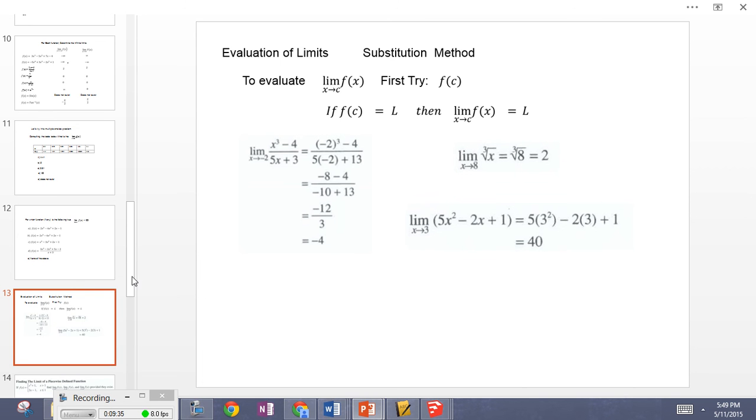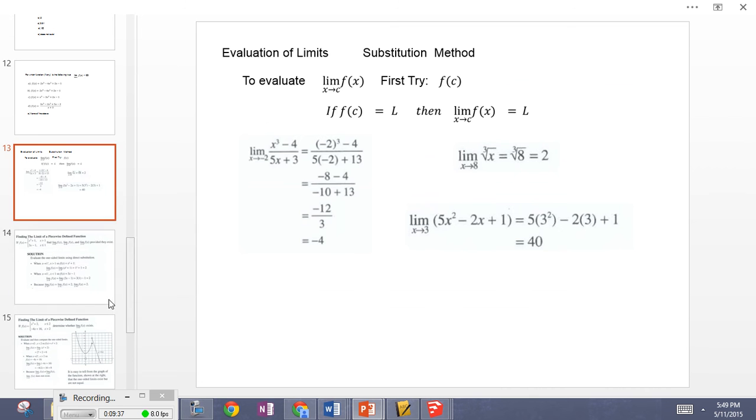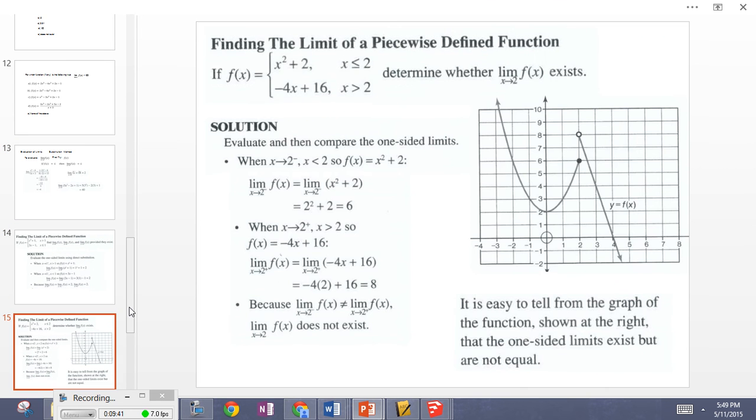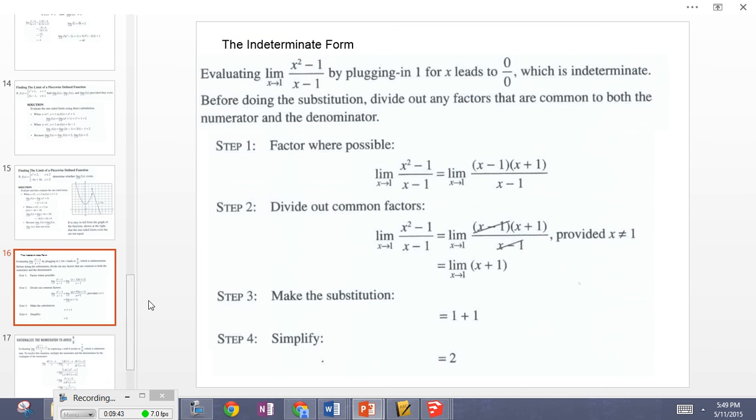If you have a fractional expression, and upon substitution it reveals a 0 over 0, that's not a bad thing. That's the indeterminate form, which means further action must be taken.